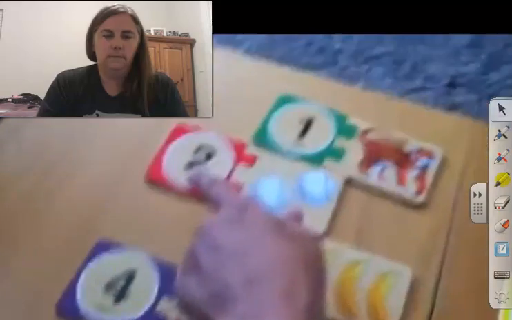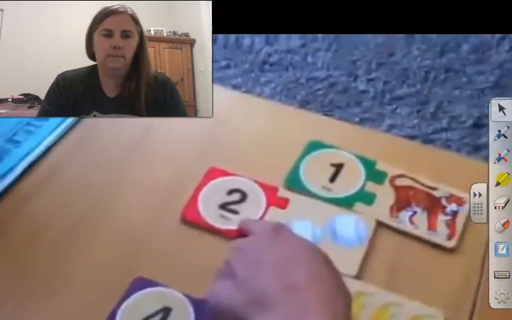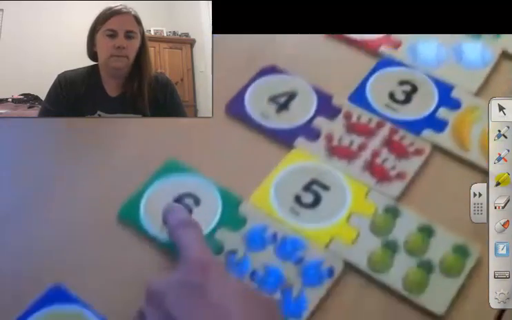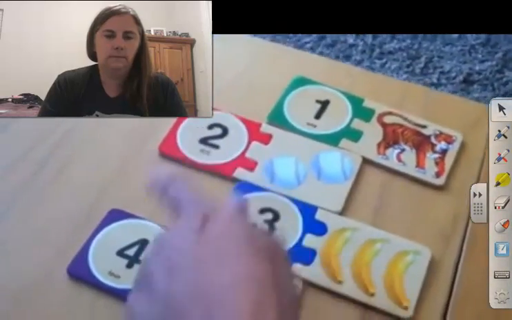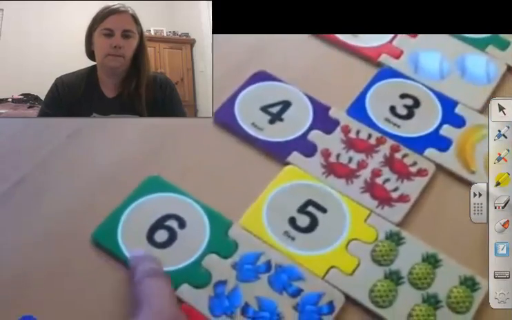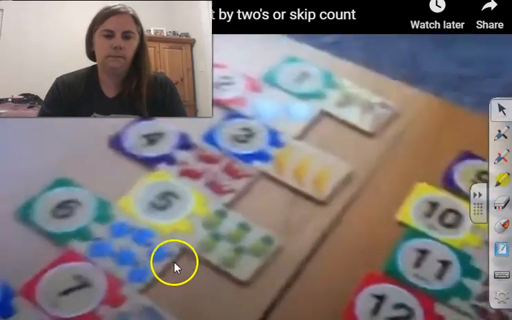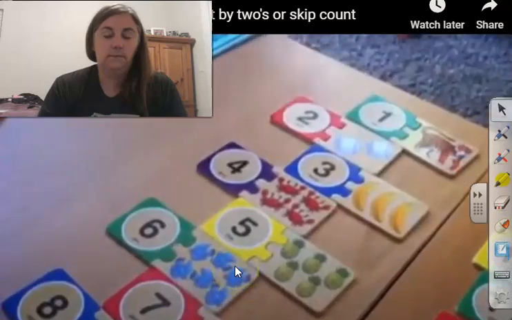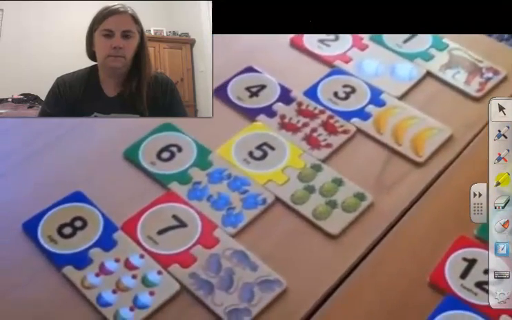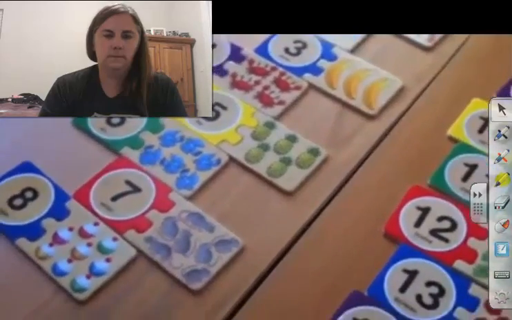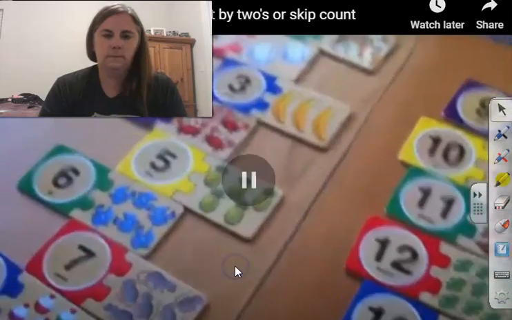So let's count by 2s on this, okay? 2, 4, 6, 8. Let's do it again. 2, 4, 6, 8. Good. So that teaches a concrete way, instead of just trying to have them do it in their mind, to learn how to count by 2s or skip count.